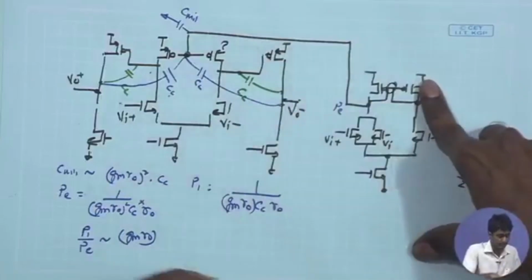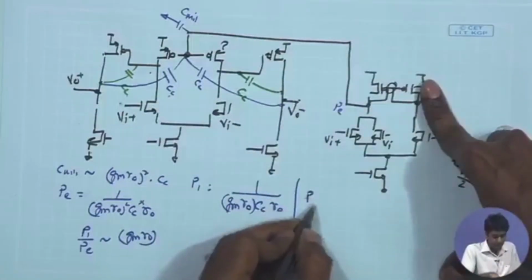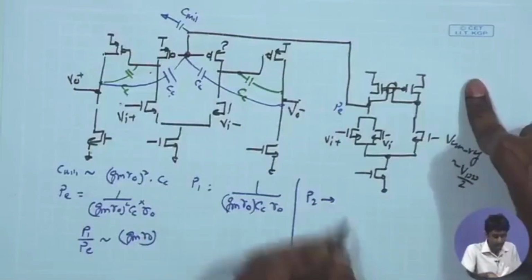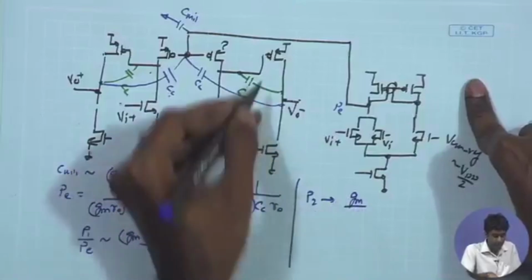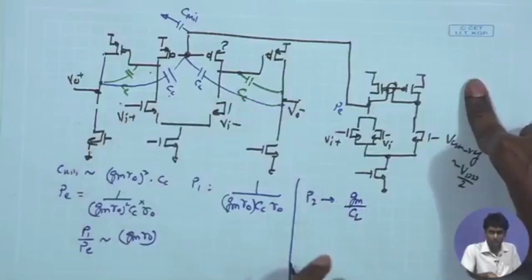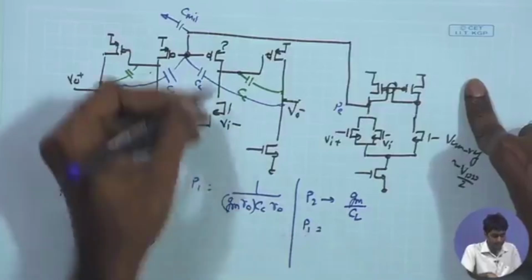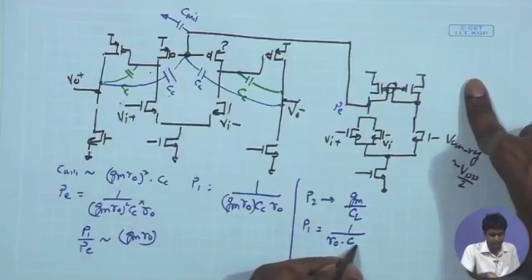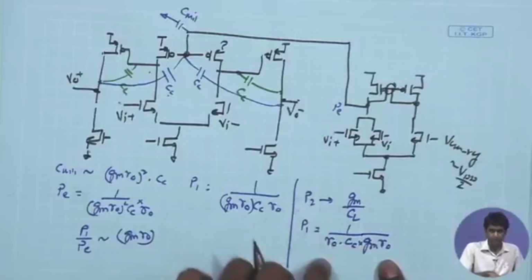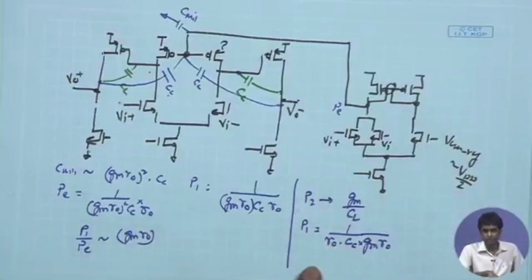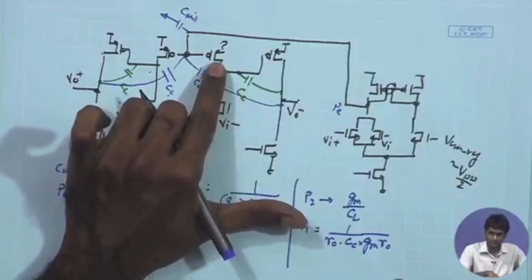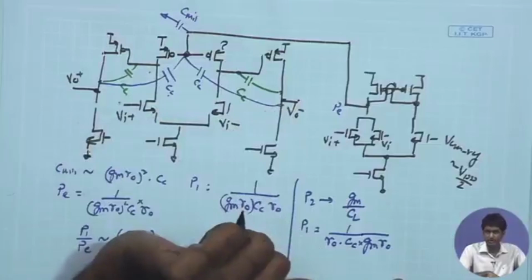As a result, the P2 that you get for the two stage compensation is close to Gm upon the overall Cl that you have at this node, and the P1 that you get is Ro times the Miller multiplied compensation capacitor, so Cc times Gm Ro. So this is the order of the two poles that I get when I am using Miller compensation between the input of the second stage and output of the second stage.